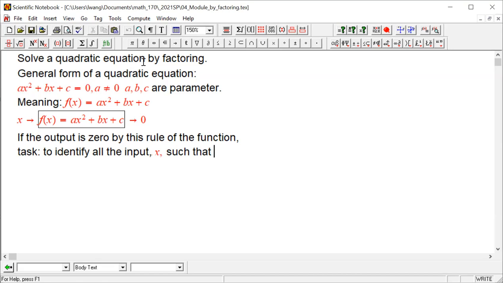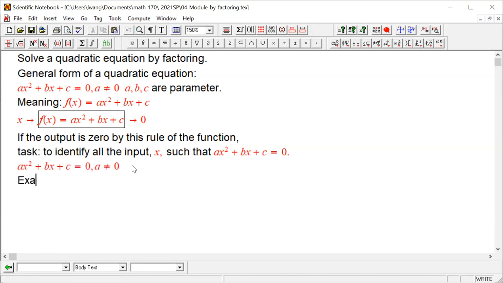So that's the meaning. So it's really an if statement from a grammar's perspective, right? We don't know what the input is, and we're looking for the input, but we know what the output should be. So in order to solve this kind of equation, we're going to talk about 3 methods to solve this equation.